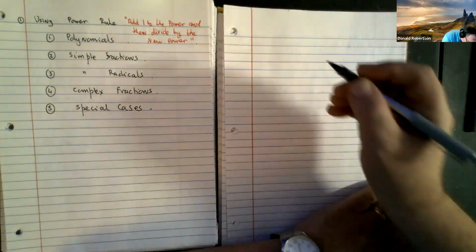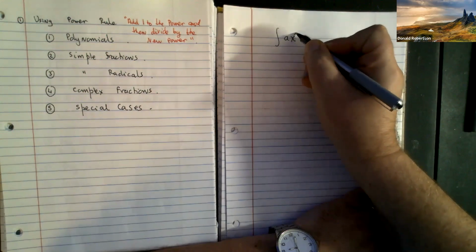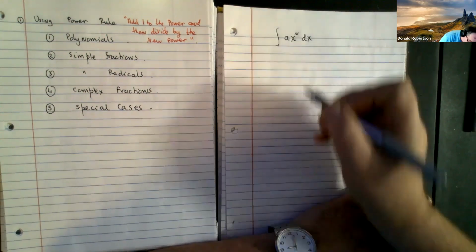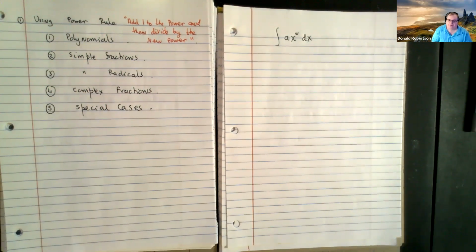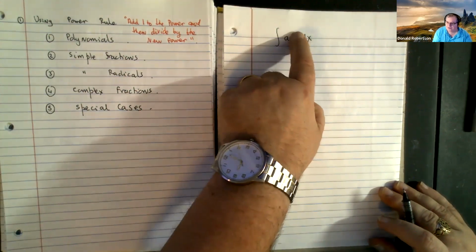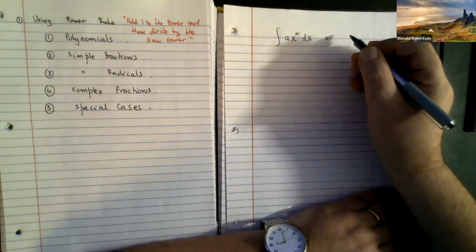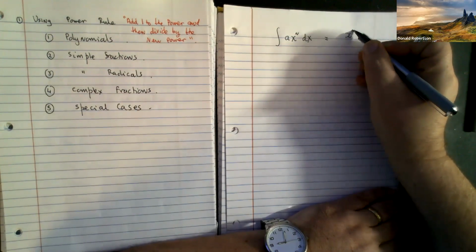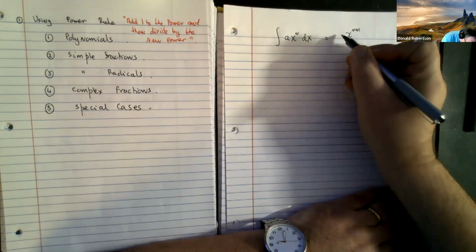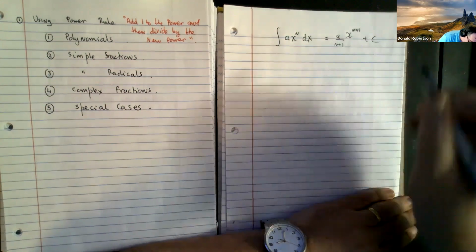What the power rule allows us to do is to find the antiderivative of any power of x. So 5x cubed, 7x to the half, anything like that. And in English, which is the way I tend to remember it, you add 1 to the power, then you divide by the new power and put a little plus c on it.